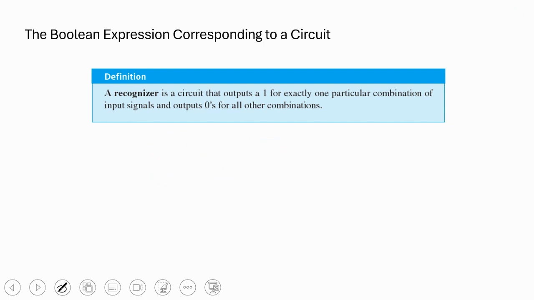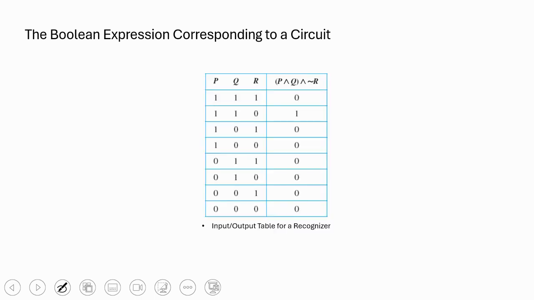Okay, so we have another type of Boolean expression called a recognizer, and it's a circuit that outputs a 1 for only one particular combination of input signals and zeros for all others. So you can think of it as recognizing that one desired possibility.